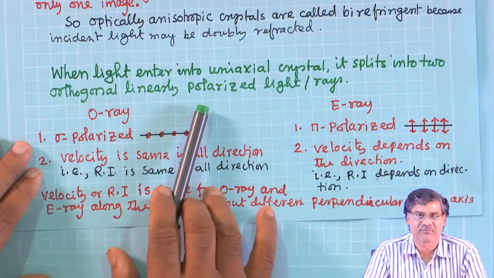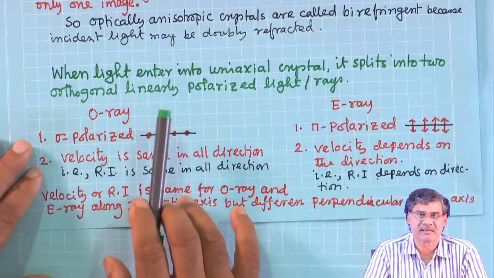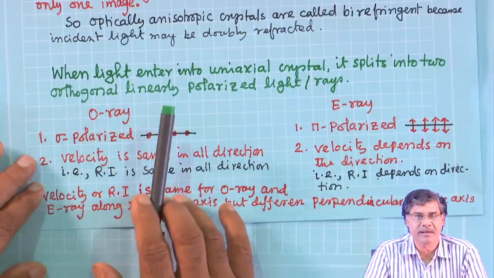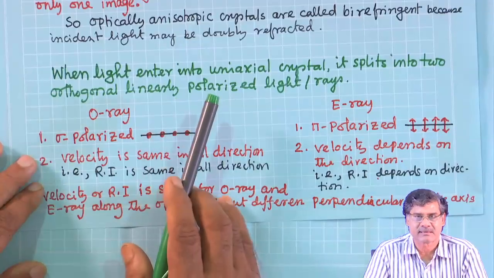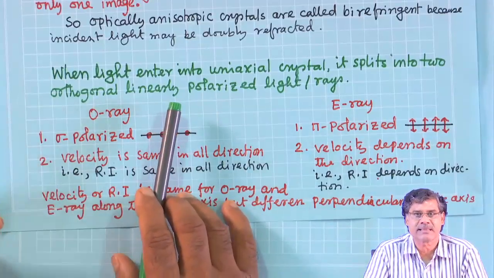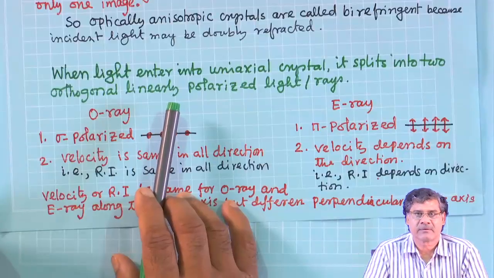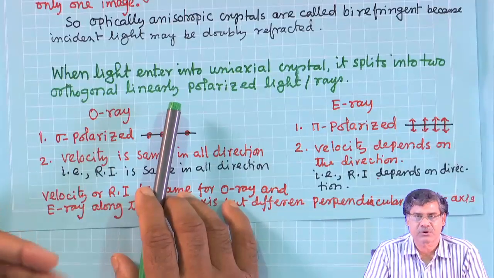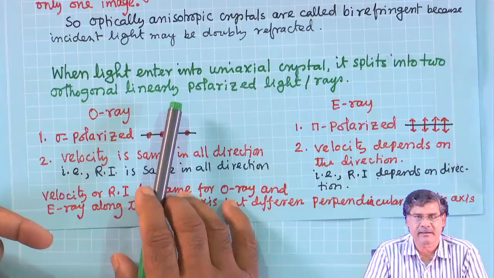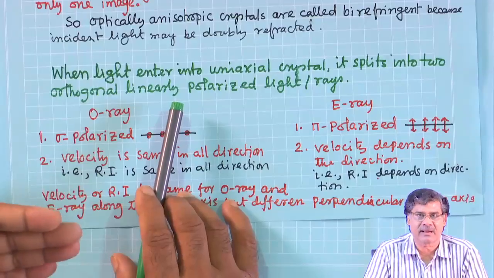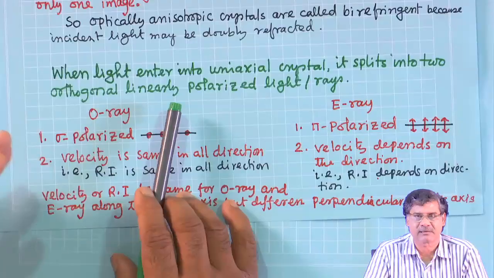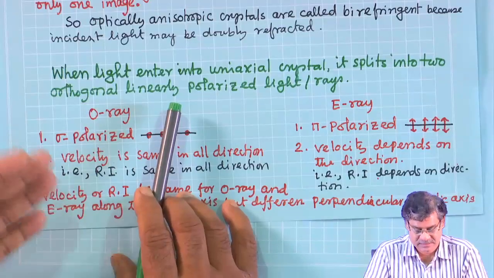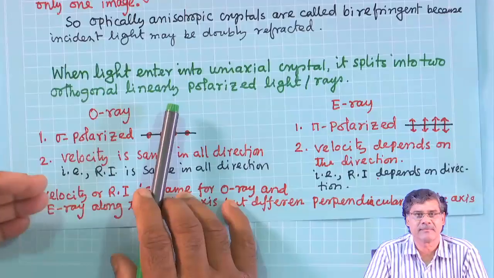So, this plane of polarization is perpendicular to the plane of incidence, which contains the incident ray, refracted ray or reflected ray, and the normal to the crystal surface where the refraction is happening.